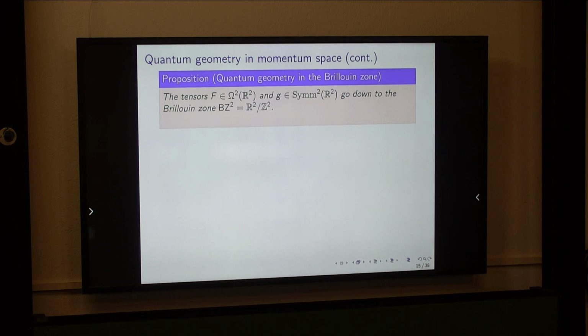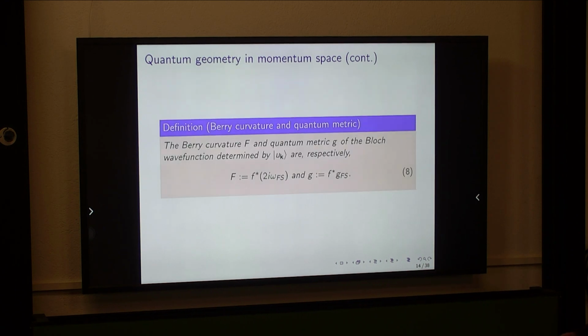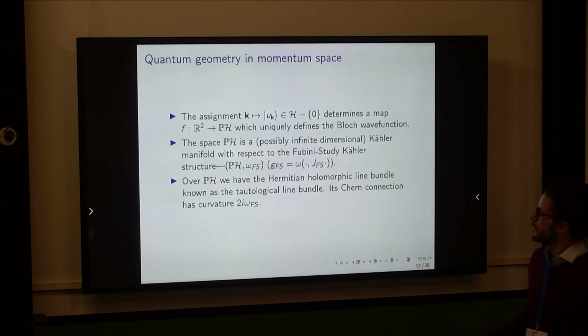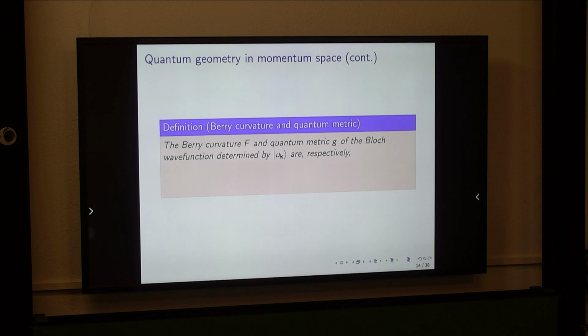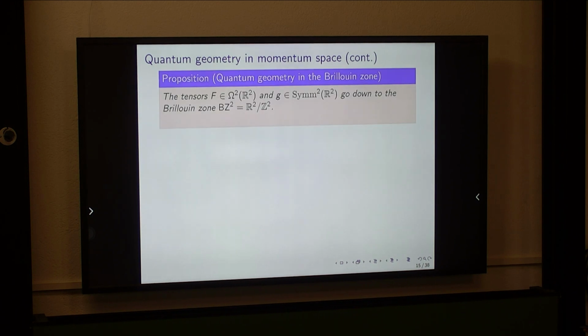Excuse me, pullback with respect to which map? F. What is F? Ah, okay. Good. Proposition: the tensors F and G go down to the quotient.